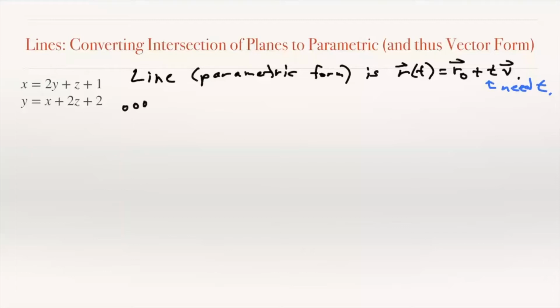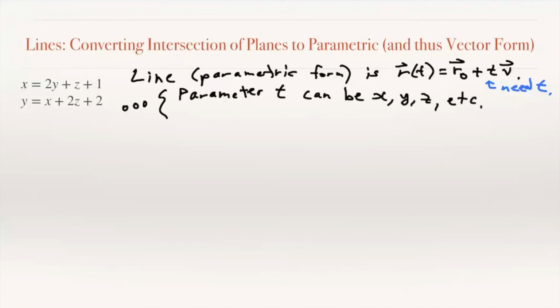And here's a key insight. The scalar t can be any one of the variables. So the parameter t can be x, y, or z, or anything else for that matter. I'll just say etc. It could be 2x plus 3z, any linear combination of them.